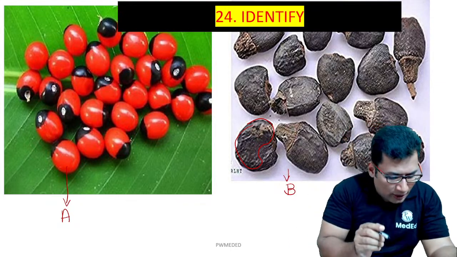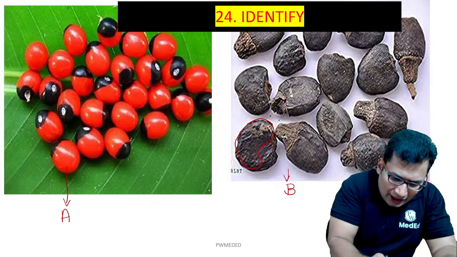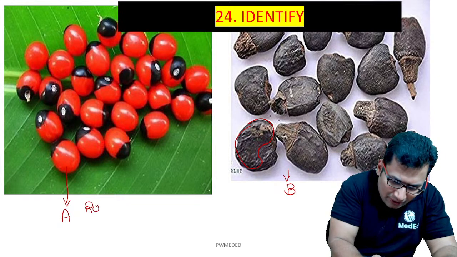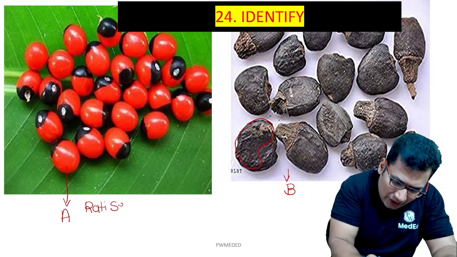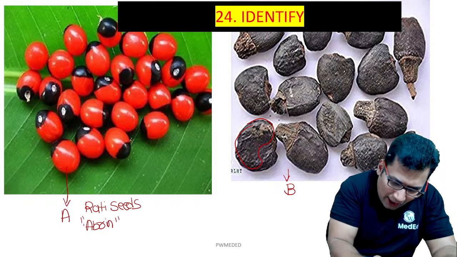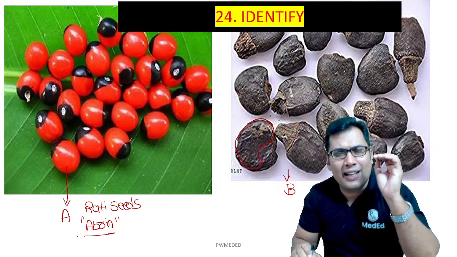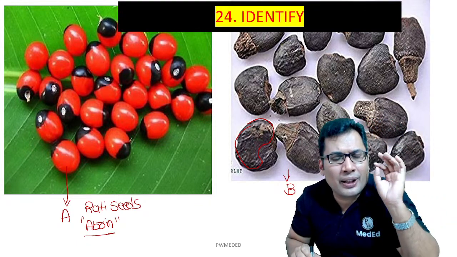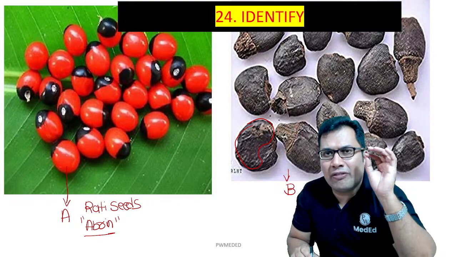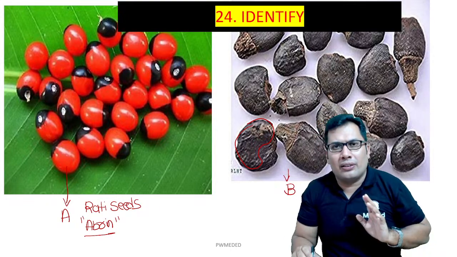Very good. So Dr. VK, this is nothing but rati seeds. Rati seeds contain abrin. The plant name is Abrus precatorius, which is a well-known cattle poison.